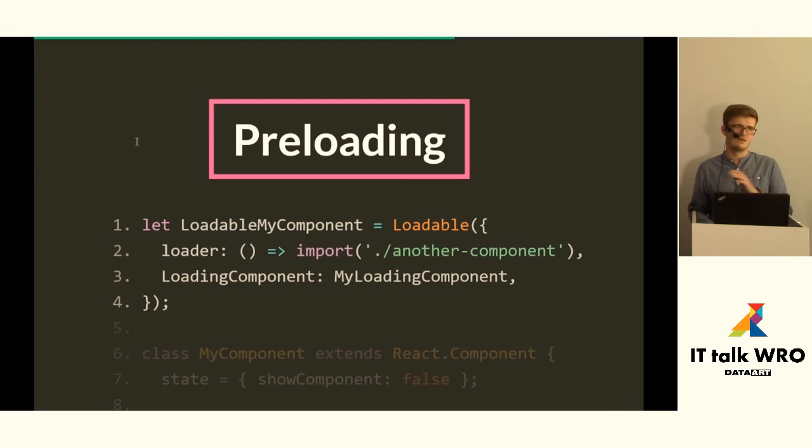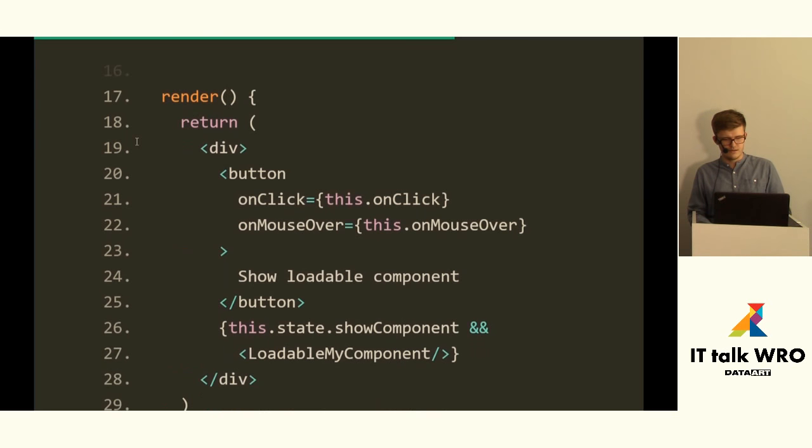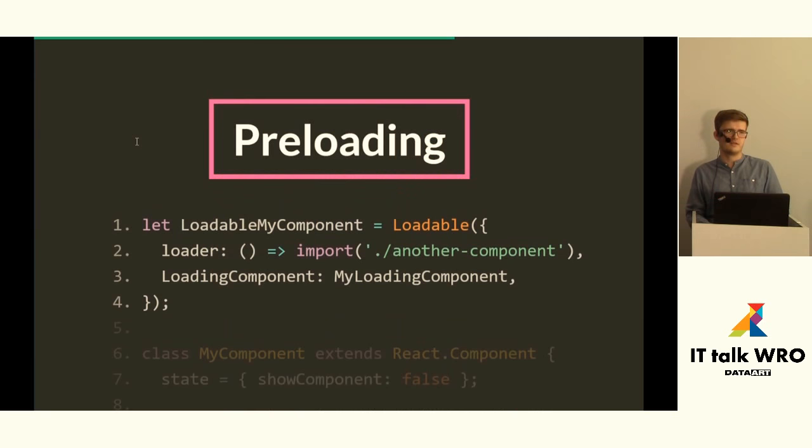But we can go even deeper, and we can predict what the user is going to do with our application, and be quicker. For example, let's jump back and remember the trousers online shop example that I introduced to you. For example, we are on the second page and we want to go to the checkout page, right?